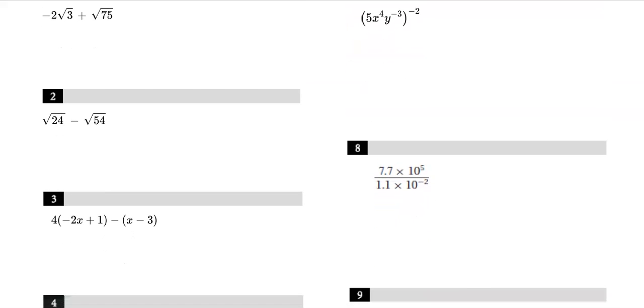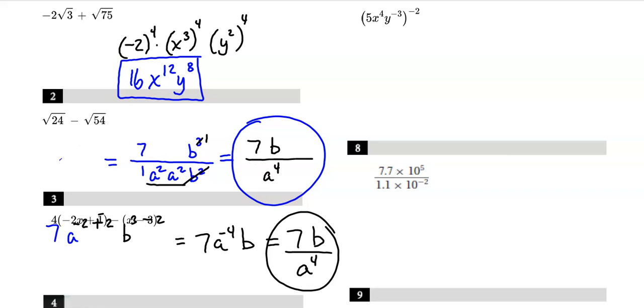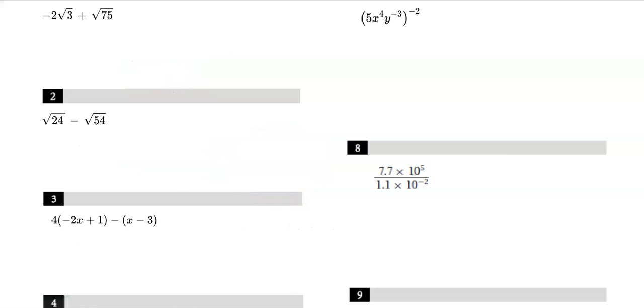All right, again, a couple different ways to do this problem. I've probably shown it different ways in class, so it's just kind of up to you. I'll do this one traditional. So I'm going to just raise every piece to the negative 2 power. So I'm going to raise 5 to the negative 2, and I'm going to do x to the 4th to the negative 2, and then I'm going to do y to the negative 3rd raised to the negative 2.